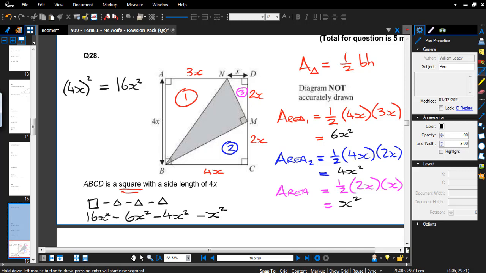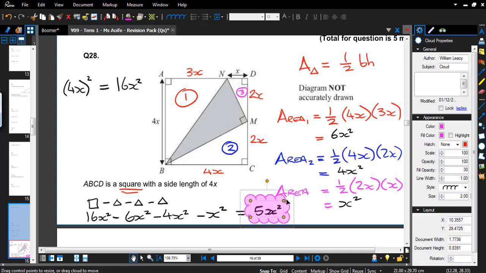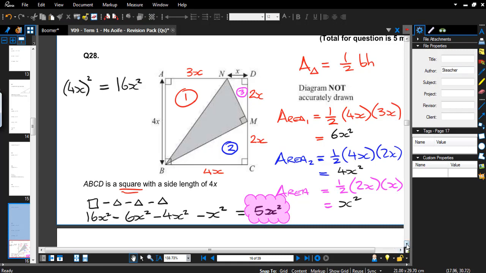Alright, let's do it. 16x squared minus 6x squared is 10x squared, minus 4x squared is 6x squared, minus x squared is 5x squared. Done. Easy peasy. So that will be your answer. 5x squared. Alright, let's move on.